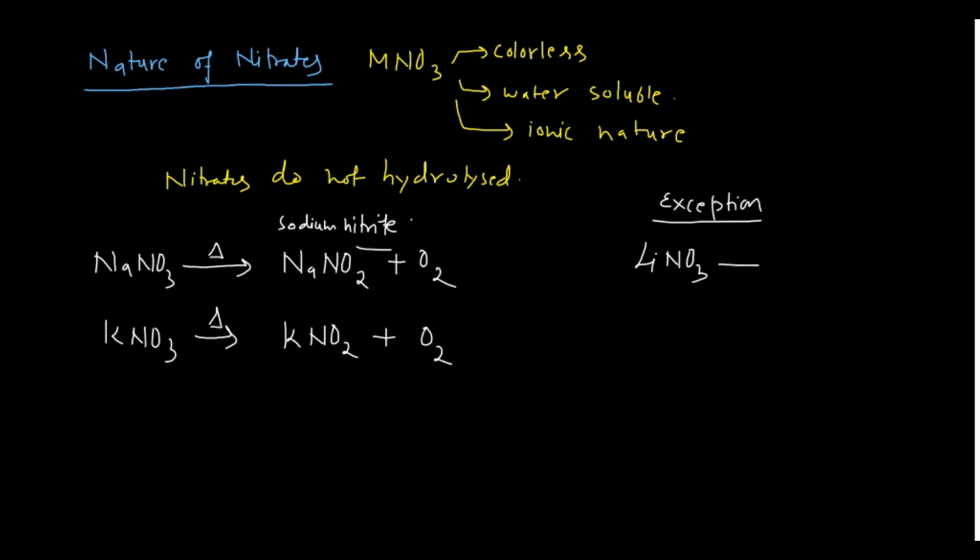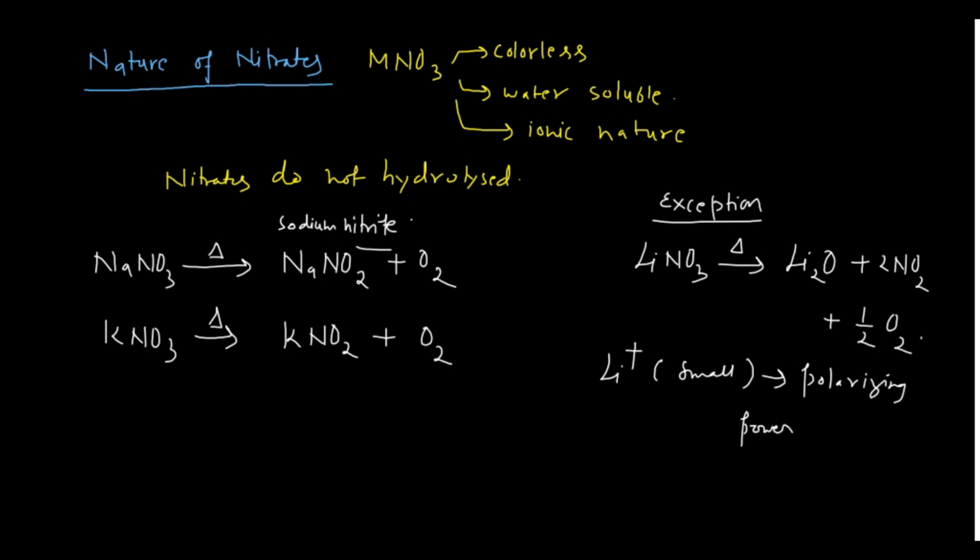If you heat this lithium nitrate, then it will give you lithium oxide, Li2O, and 4 of NO2 will be removed from here along with oxygen. So this is something very, very important. So why actually does this happen? So basically it is due to the more polarizing power of the lithium ion. Your lithium ion, Li positive, is very small, so its polarizing power is very, very high.